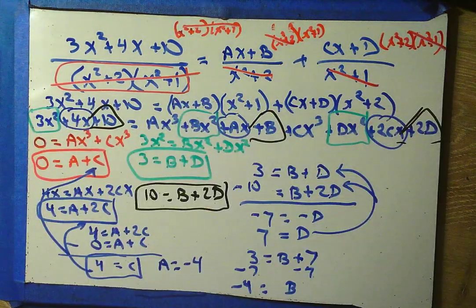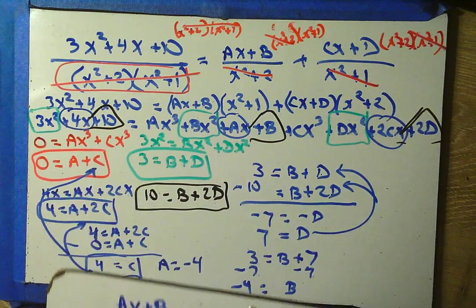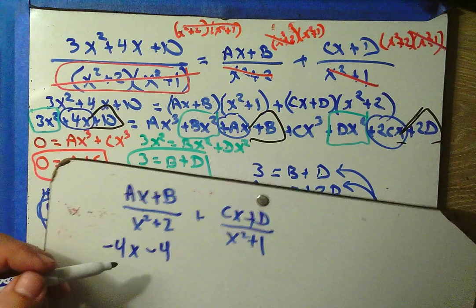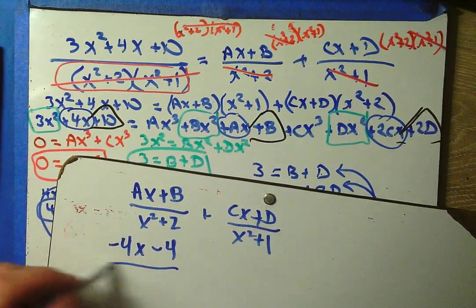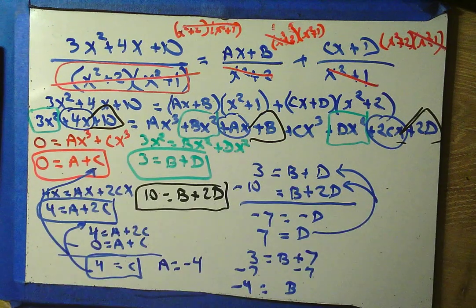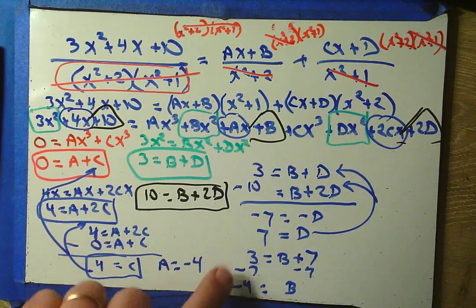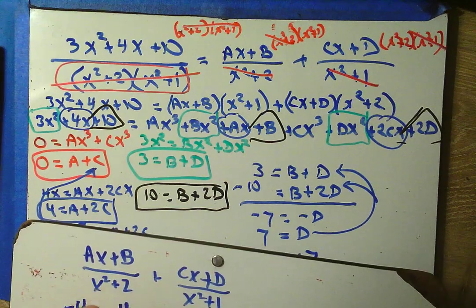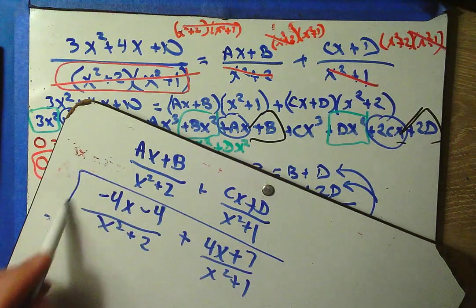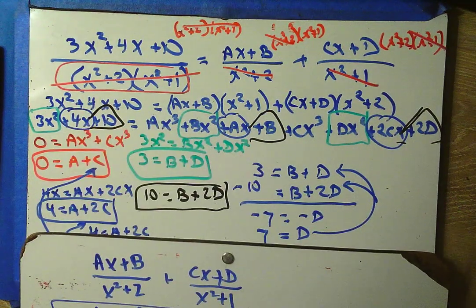We found out that a was equal to negative 4, b was equal to negative 4, over x squared plus 2, plus c was equal to positive 4, and d was equal to 7 over x squared plus 1. So there's my answer.